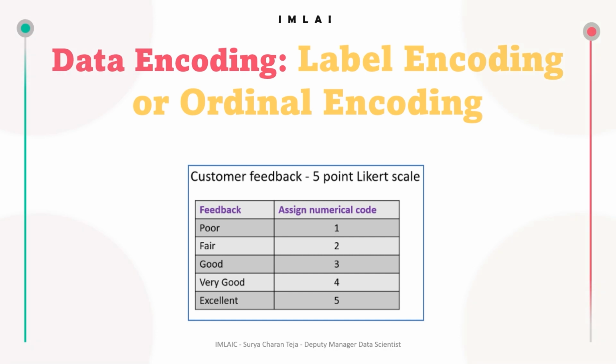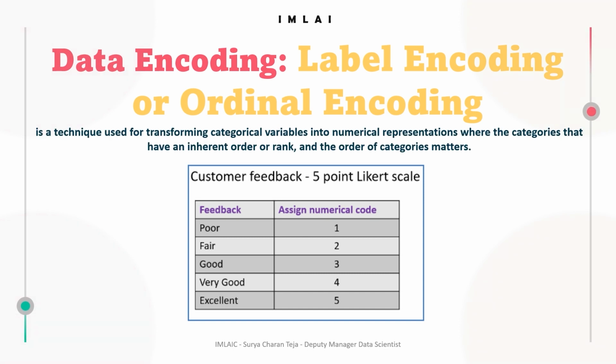In label encoding, each label is converted into an integer value. You will create a variable that contains categories representing the education qualification of a person or that sort. Let's take a small example on the screen. This is your customer feedback. We call this a 5-point Likert scale.